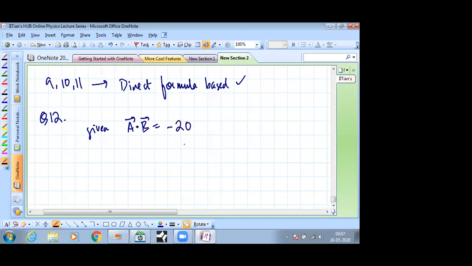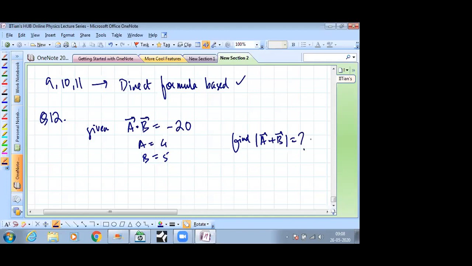That also tells us that the angle between them must be obtuse. And magnitude of A is 4 and magnitude of B is 5. Now from this we have to find mod of A plus B.